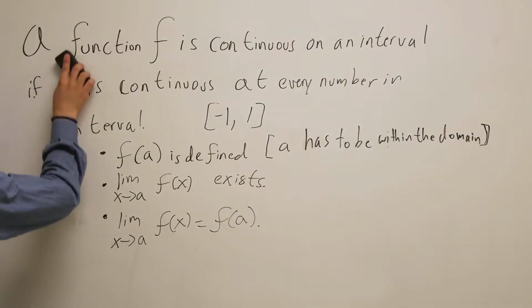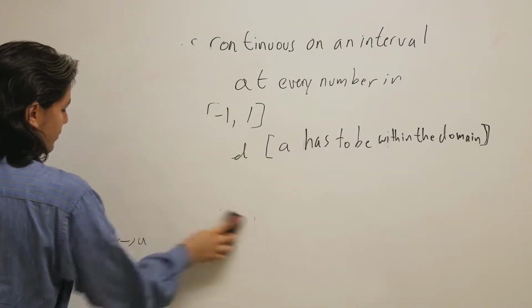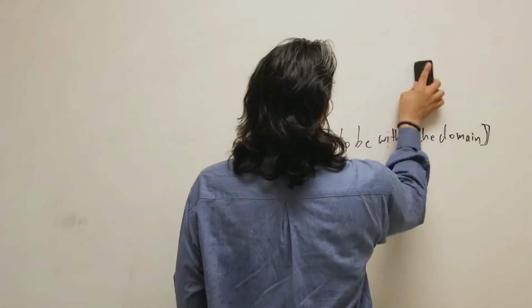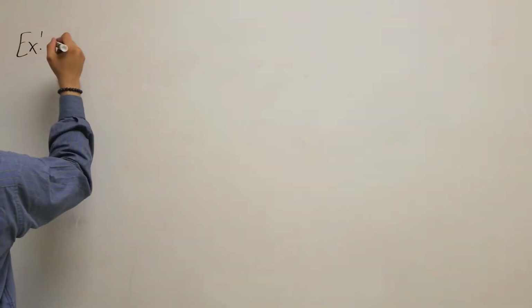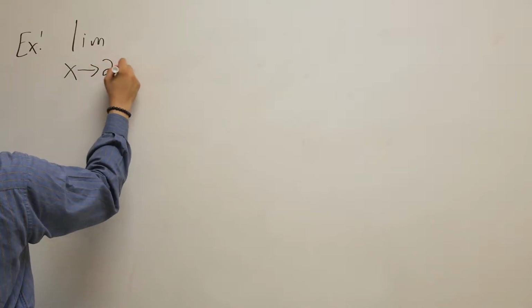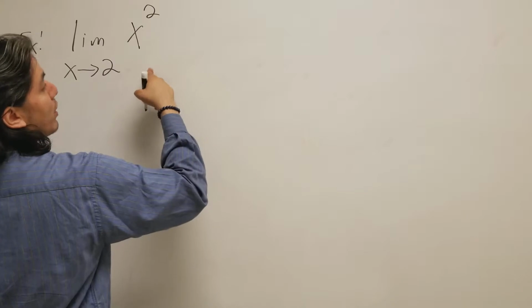So let's give an example of what a continuous function looks like, one that meets the definition. We'll take one simple example that I like to use a lot, which is the limit as x approaches 2 of x squared. We already know what x squared is.